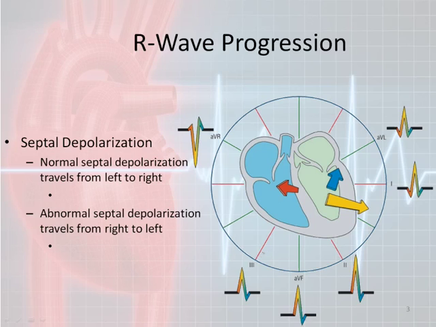I would also like to briefly review R-wave progression, but more importantly than R-wave progression through the hexaxial and precordial leads, I want to talk about septal depolarization. When we talk about septal depolarization, I'm talking about the interventricular septum and how it actually depolarizes through the ventricles. You'll have your right bundle branch and your left bundle branch.